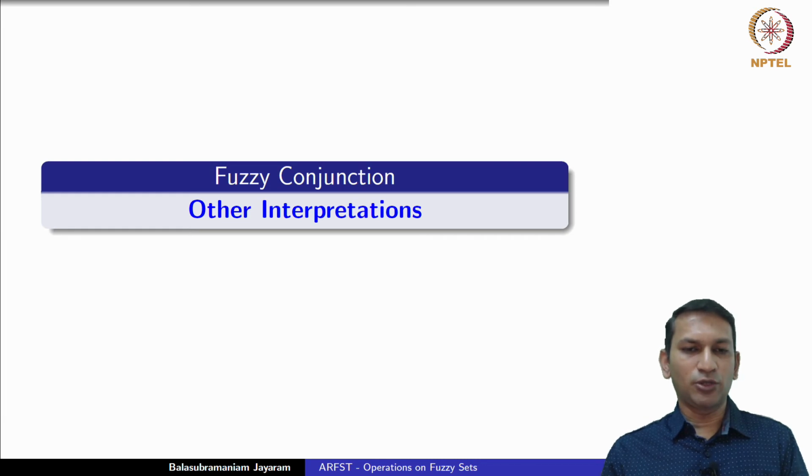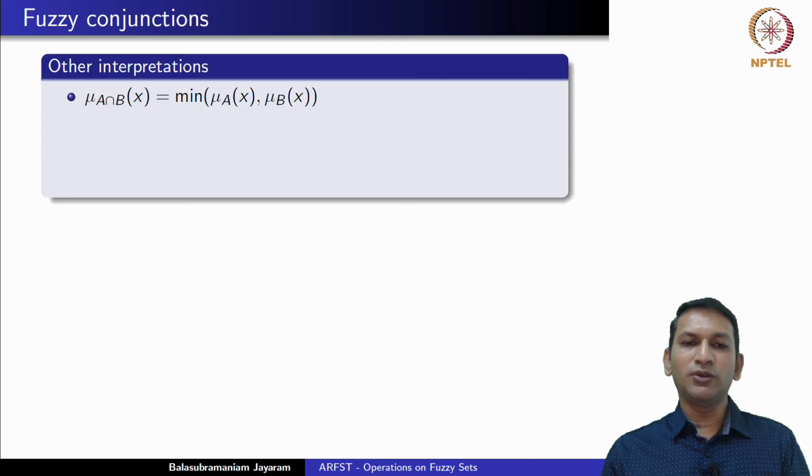This example has also shown us that there is no one single way to interpret fuzzy conjunction, and there are other interpretations also. Let's look at a few of them and also look at how they operate on fuzzy sets, so as to understand and appreciate what are the properties that probably are being preserved by these functions.